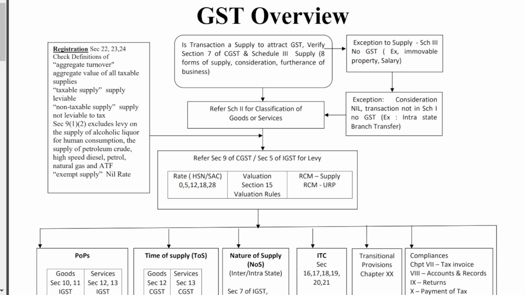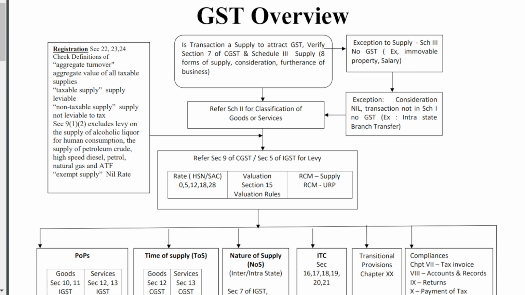If the consideration is nil and the transaction is not in Schedule 1, no GST is applicable. If it's coming in Schedule 1, which says that if there is no consideration but the transaction is between related parties, then GST is applicable.